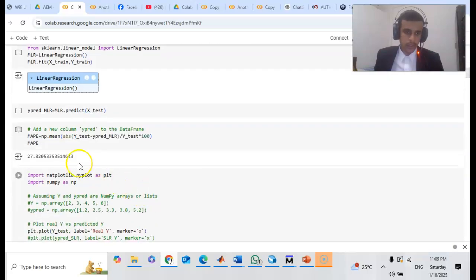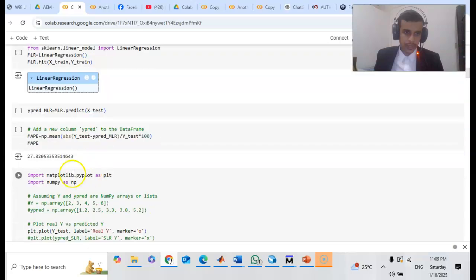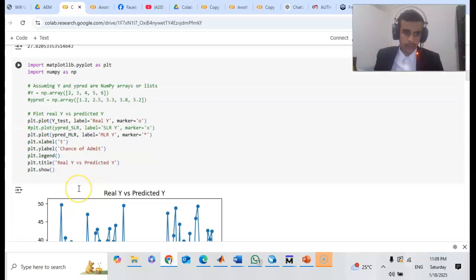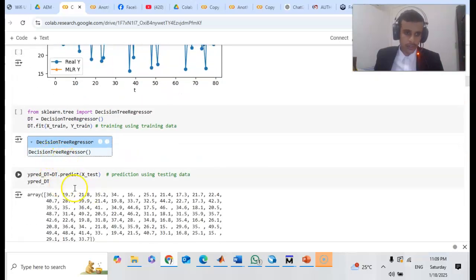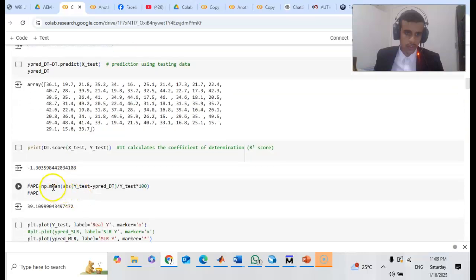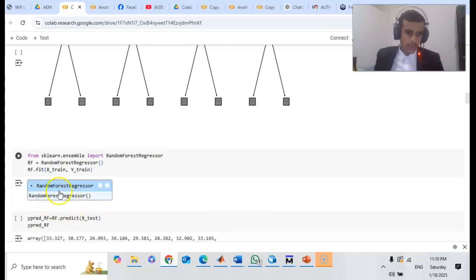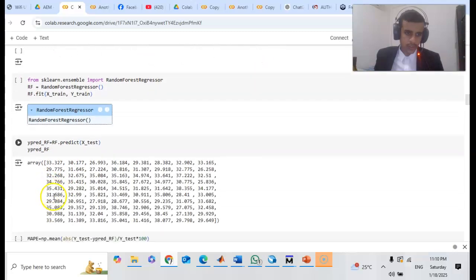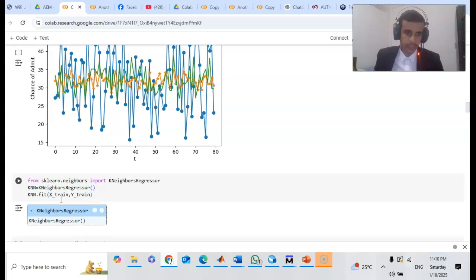For multiple linear regression, we got 27 for MAE, and for decision tree regression, we got 39. For random forest regression, we got an MAE of 27.645.